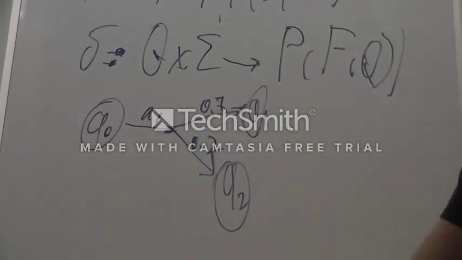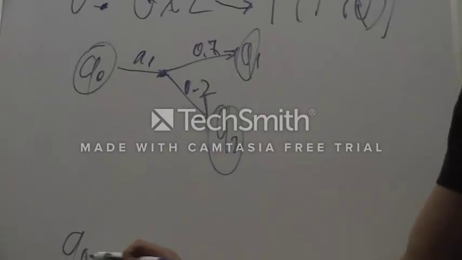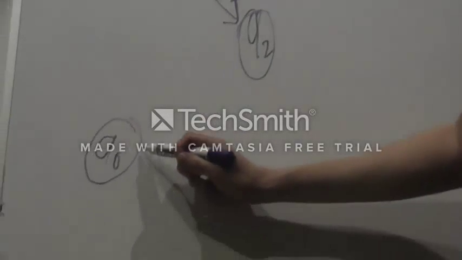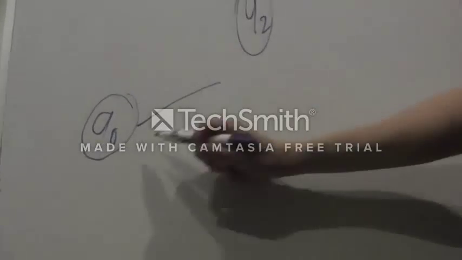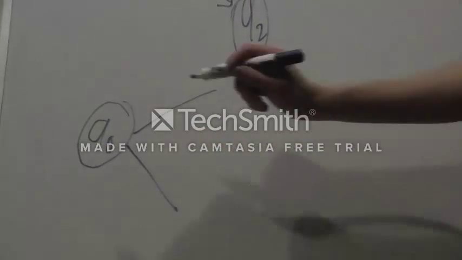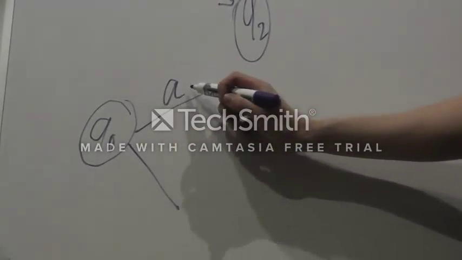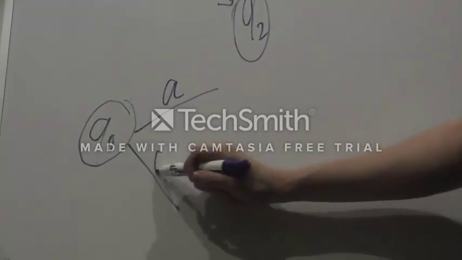In a non-deterministic fuzzy automata, we can have several different transition functions on the same input.